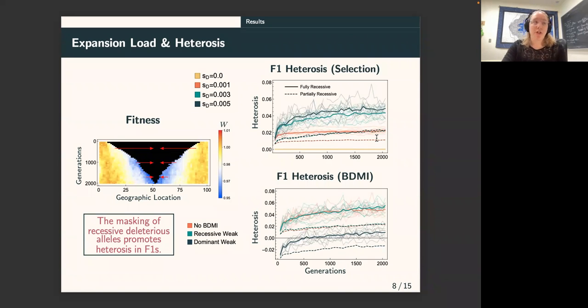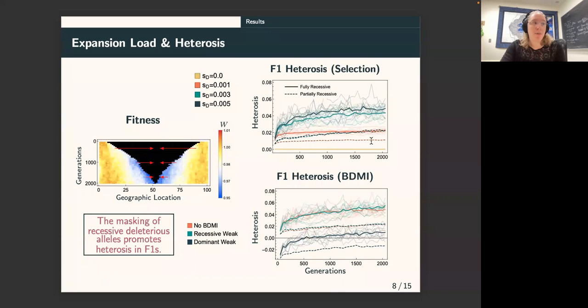There are several other determinants of heterosis. The strength of selection against those recessive deleterious loci will change the extent of heterosis. It's a non-linear pattern, so it will not increase the amount of heterosis forever and ever, but for at least weak amounts of deleterious recessive selection, it will increase heterosis.